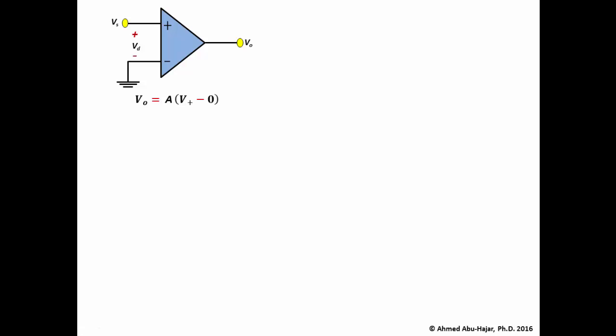The differential voltage here is going to be Vs minus the other voltage, which is ground, so it will be Vs minus 0, which is basically A times Vs. This is nothing new, it's very similar to what we said before.